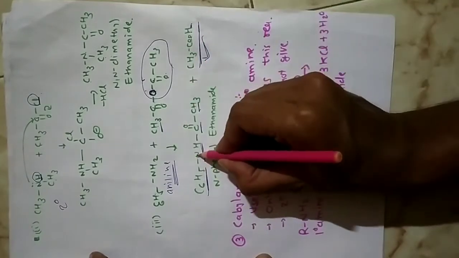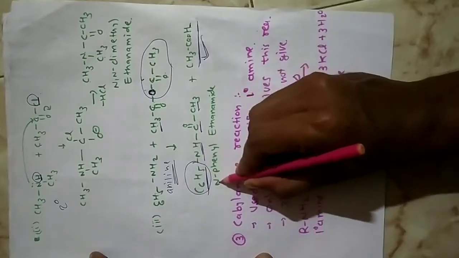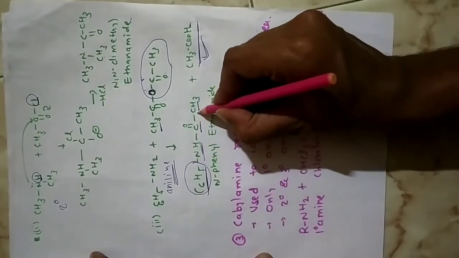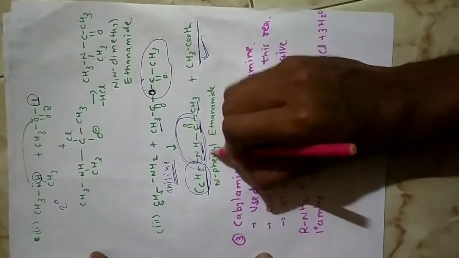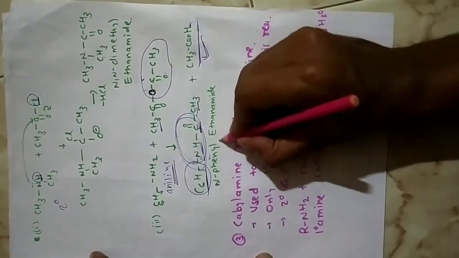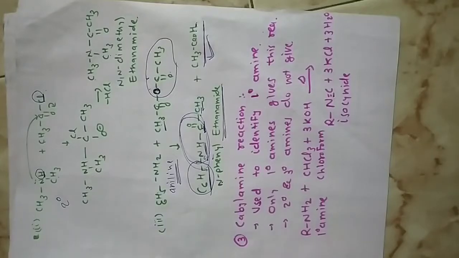You can see on nitrogen we have this phenyl group. So N-phenyl, then 2 carbons on the amide group, CONH. That means it is an amide group. So ethanamide. So this one is the acylation reaction. Acylation reaction cannot be performed on a 3 degree amine.